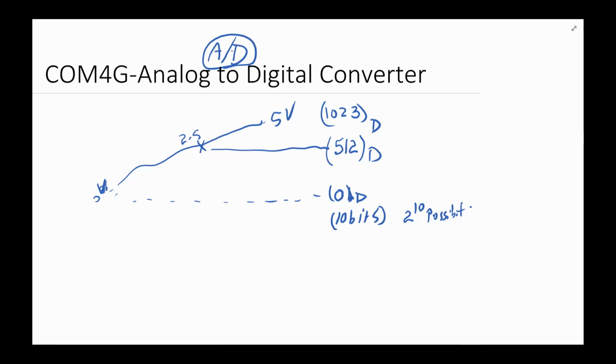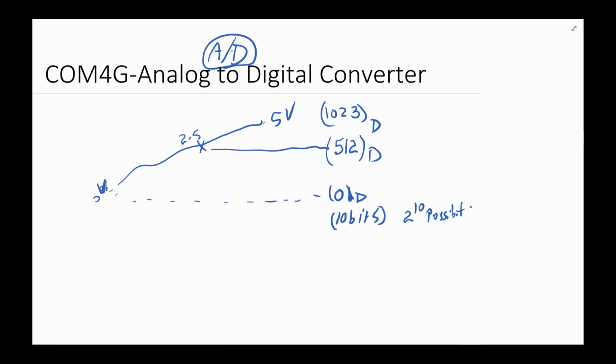Now, I used 0 to 5 volt as a reference, but it doesn't have to be 0 to 5. You can decide based on your system what your lower range and upper range are, and how you want to divide the 10 bits, or however many bits you have, among the various possibilities.